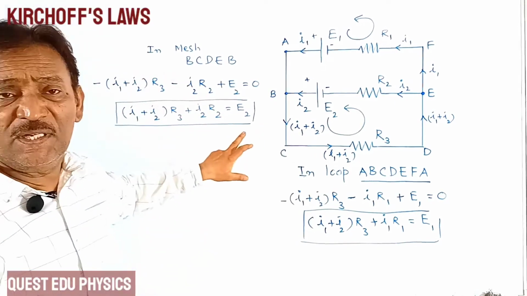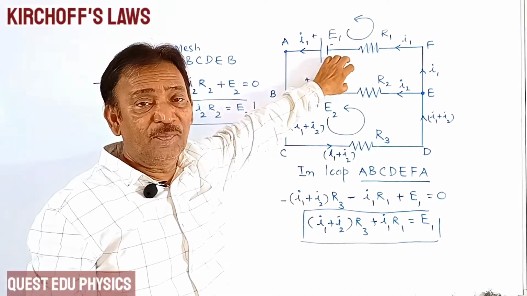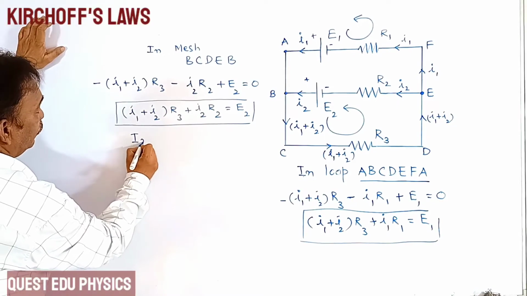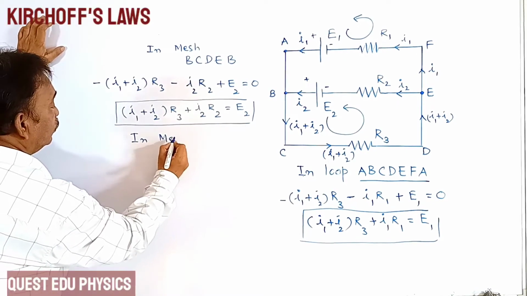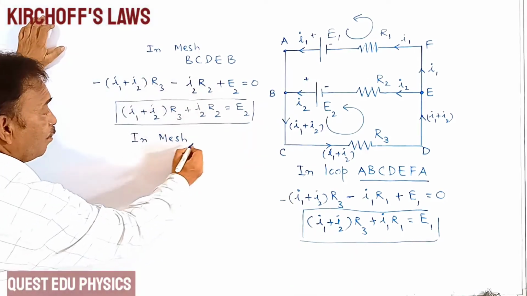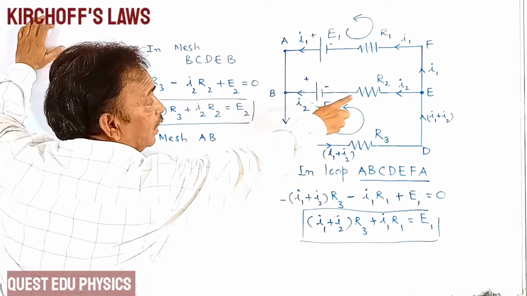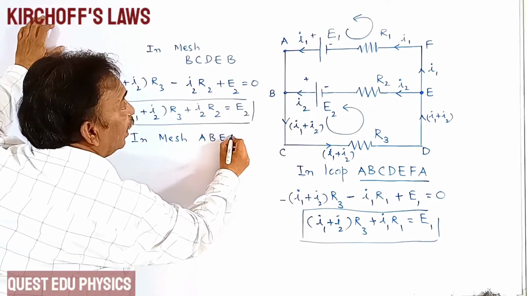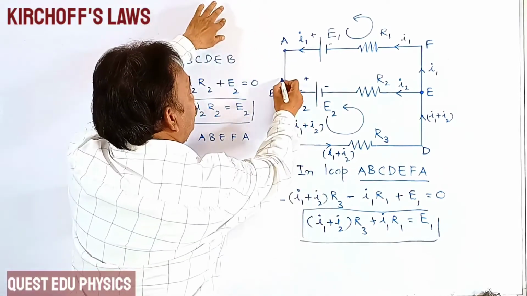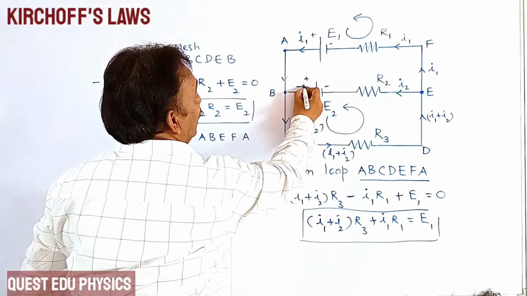Okay, students, these two equations are enough to solve any circuit. But we have one more mesh here. I'm taking one more mesh, A, B, E, F, A. So, students, we are traveling against the direction.